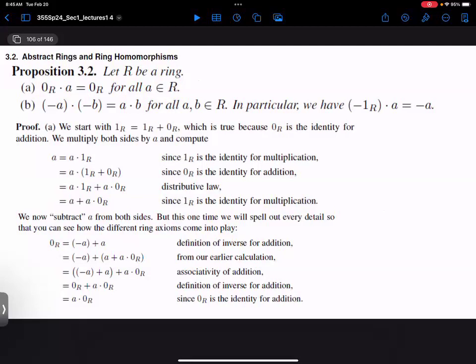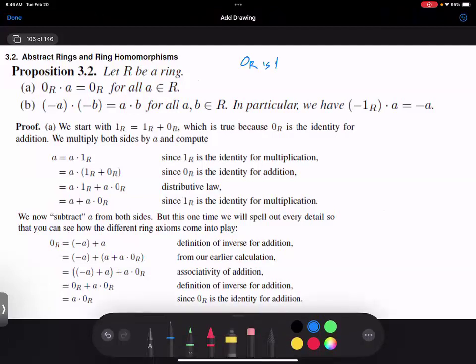This is good notation. If you take the element 0 sub R, and 0 sub R is the identity under which operation? So 0 sub R is the identity under addition. We are thinking of it as a 0 element. And so the hope is that if we multiply anything by the additive identity, we should just get back the additive identity.